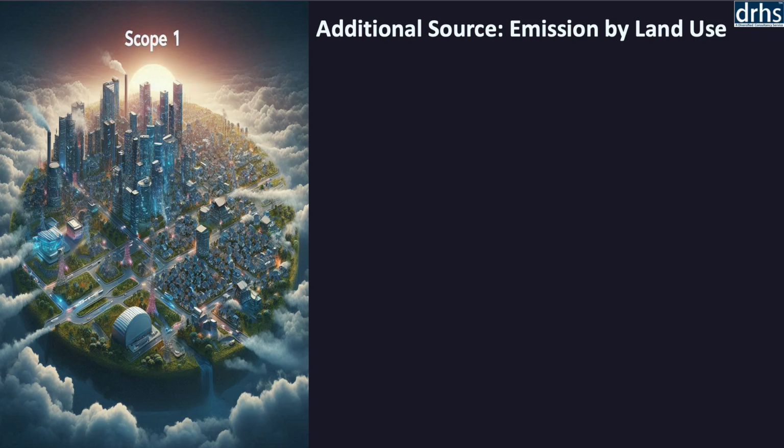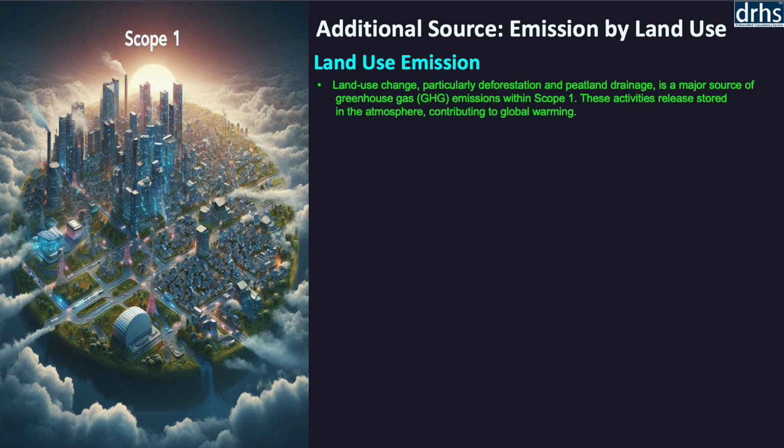Now we shall discuss an additional source, that is, emissions from land use changes under scope 1 direct emission sources. Land use activities such as deforestation and peatland drainage are significant sources of greenhouse gas emissions falling under scope 1 emissions.